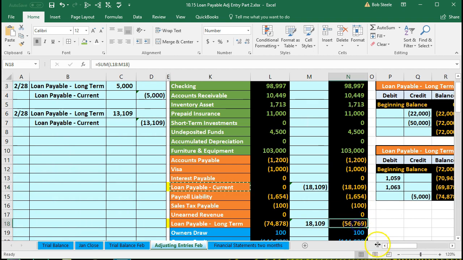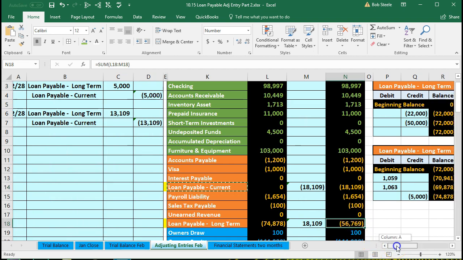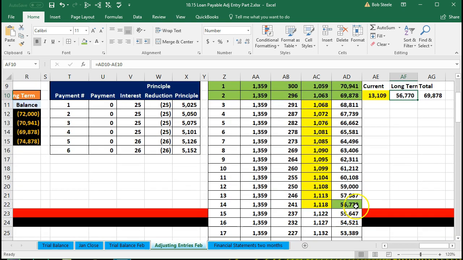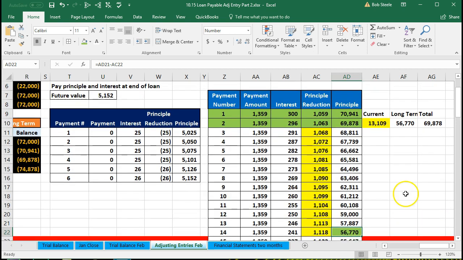The long-term portion should be the 56,769. Here's where we started at minus the current portion. There's the long-term 56,770. It's off by $1, so that's going to be a rounding difference. And we also see, of course, that amount here on our amortization table. That's where we will be at the end of a year's time period. That's what will be due at the end of a year's time period.